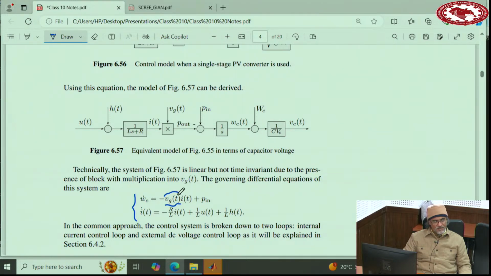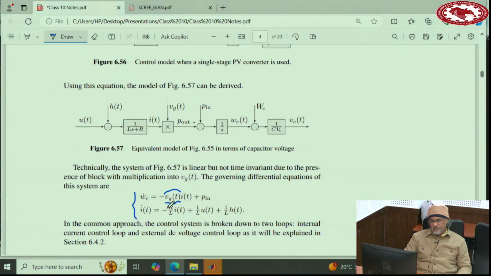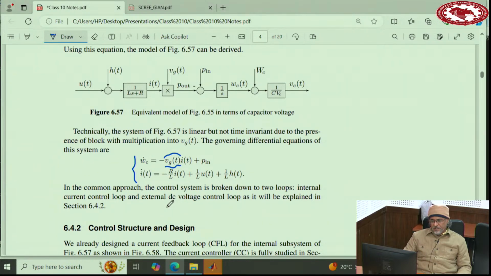So it's a linear time varying system. We cannot use Laplace transforms and those things to simply or directly analyze this system. Okay, let's see how to go around this problem and then eventually design a controller for this system.